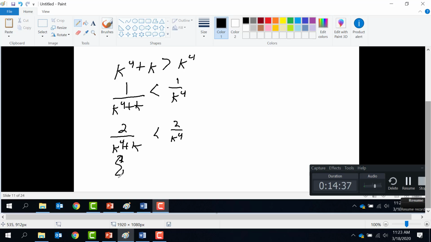The summation of 2 over k to the fourth converges. We've already talked about that. Therefore, the smaller one, because those terms are smaller, 2 over k to the fourth plus k converges. That's the basic comparison test.